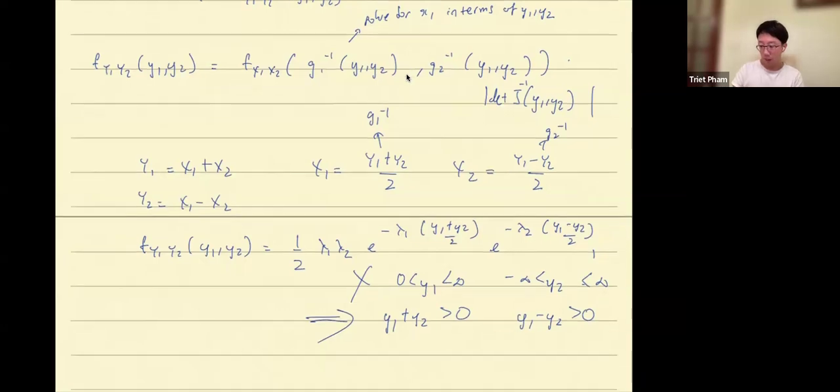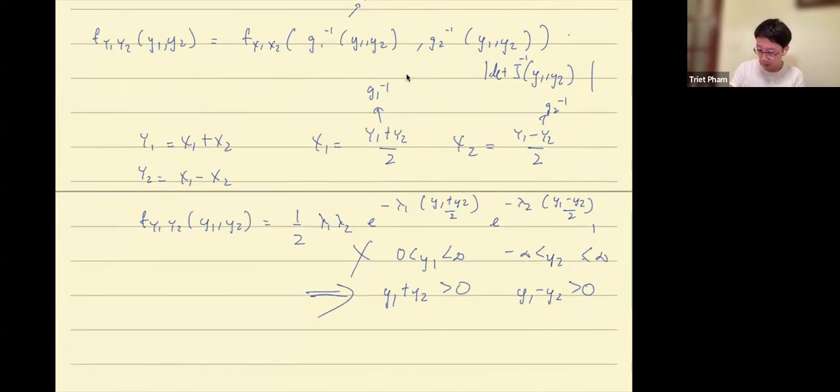Meaning that minus y2 is less than y1, and y2 is less than y1. So y1 is bigger than both.